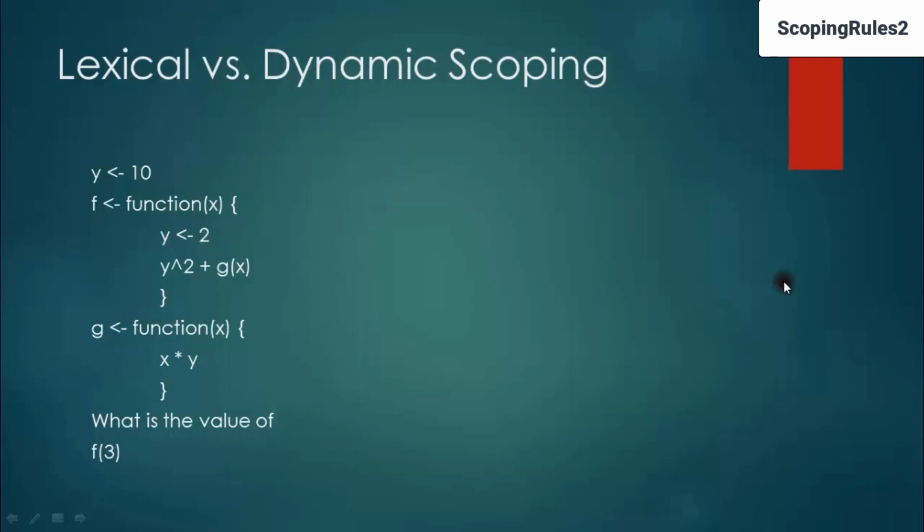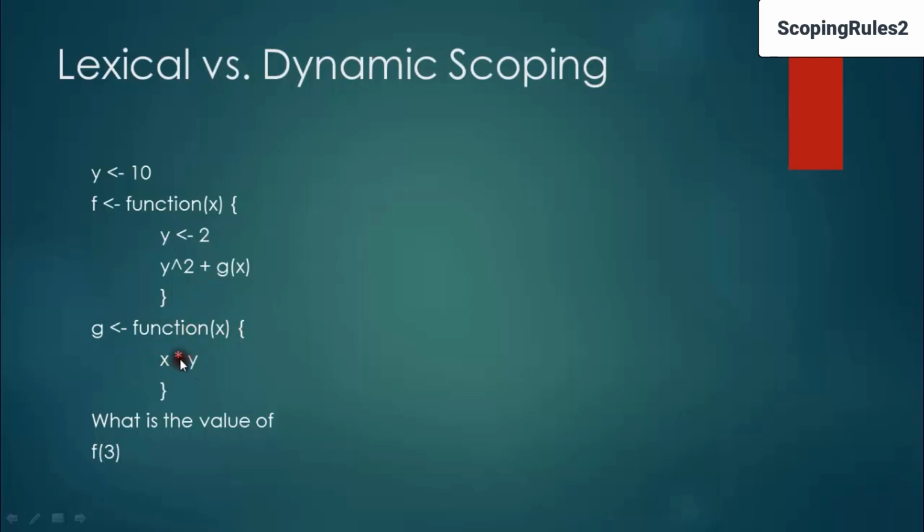Even though the variable y is declared outside the function, the variable declared inside the function, y equal to 2, will be used for this computation. So it will be y squared, which means 2 squared, plus g of 3. Again, 3 will be passed on to this.